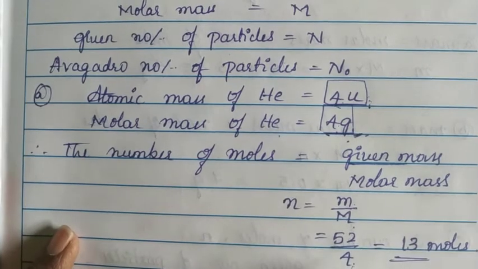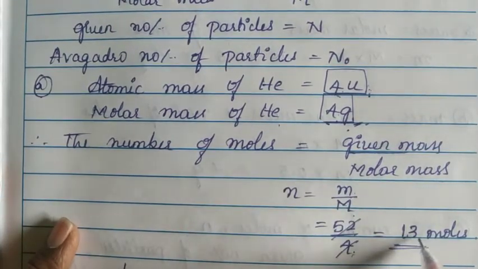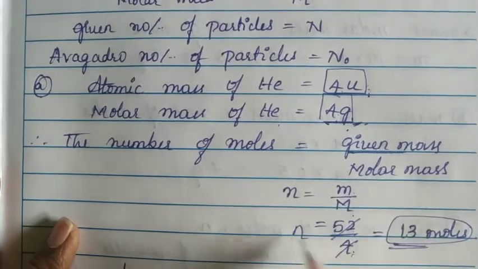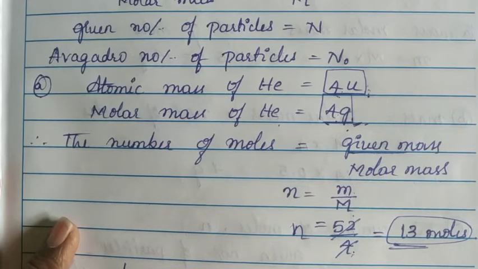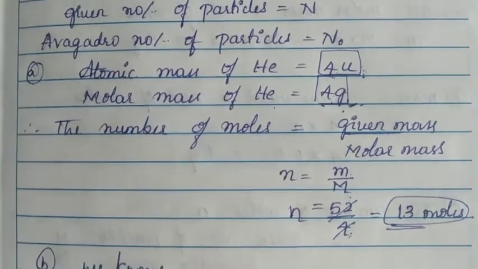Now cancelling, we get the answer 13. The number of moles is 13. So 52 gram of helium contains 13 moles of atoms.